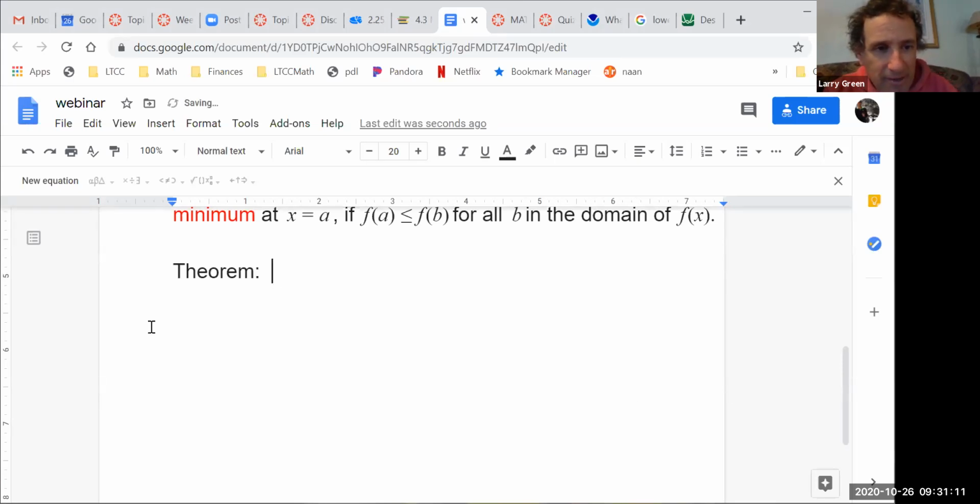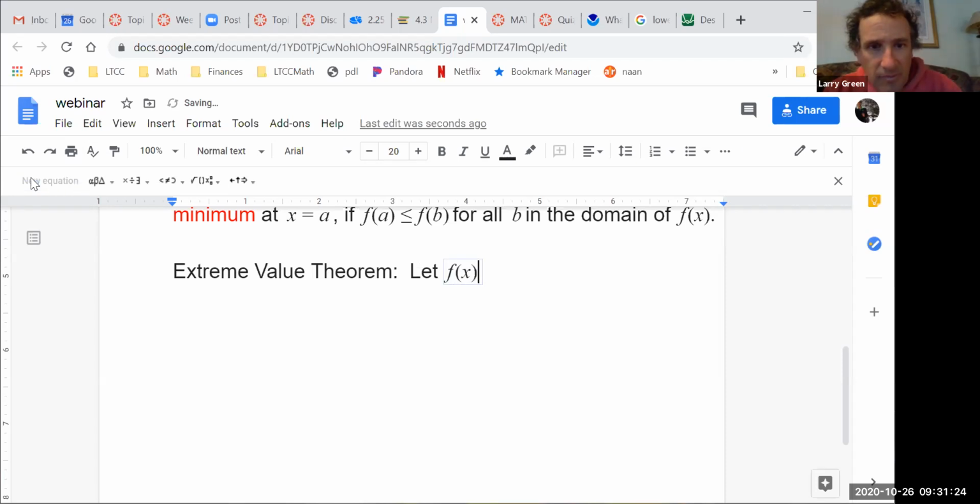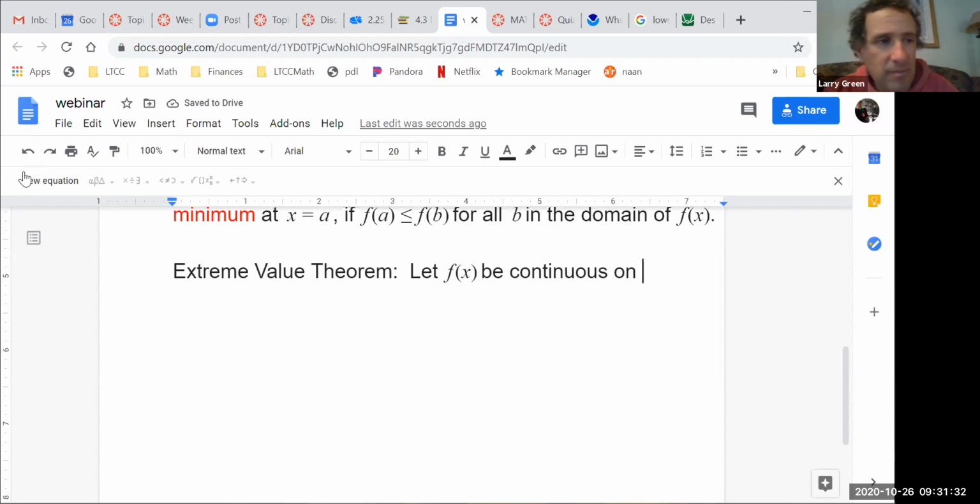Maybe I'll put it here. What it says is let f of x be continuous on [A, B].